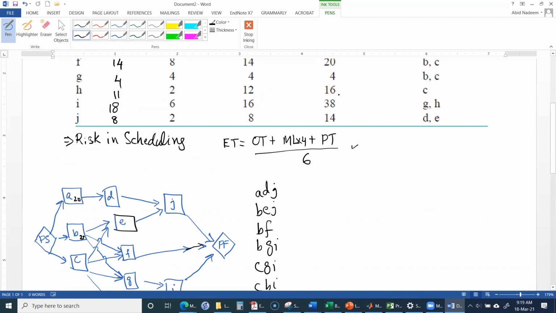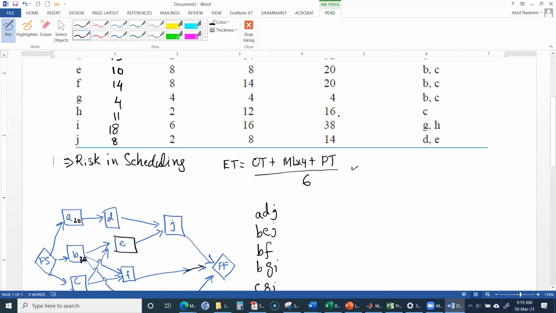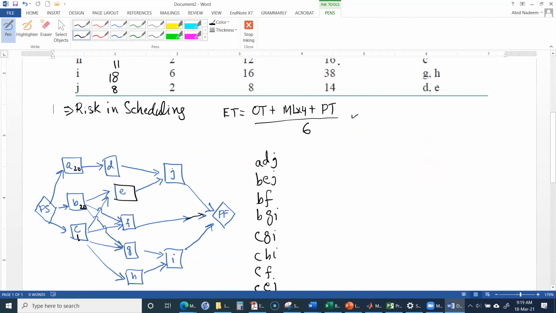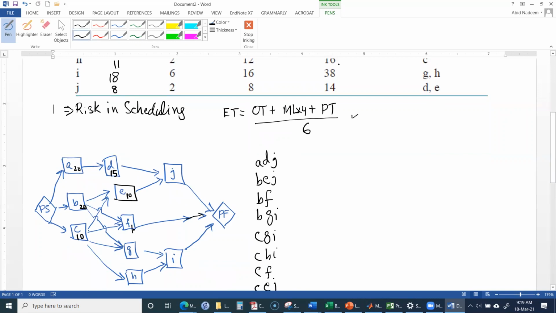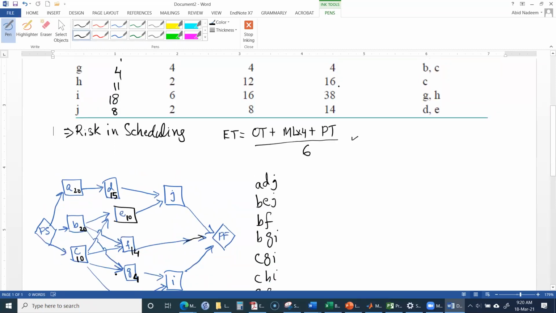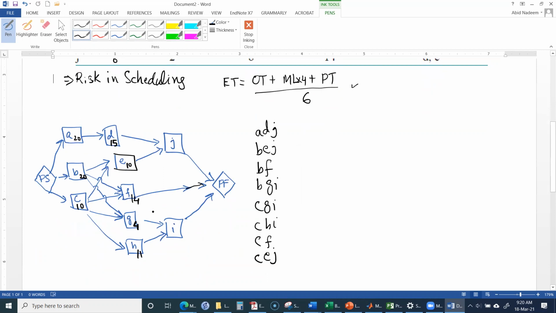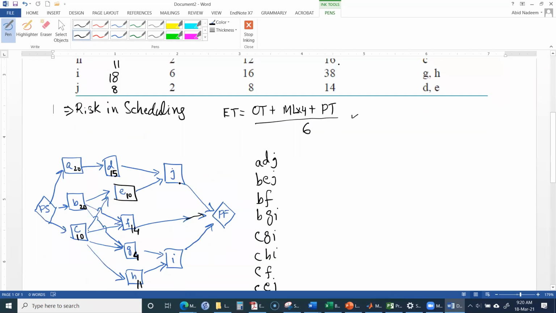C is 10 days, D is 15, and E is 10, F is 14, and G is 4, H is 11, J is 18, and then I is 8.